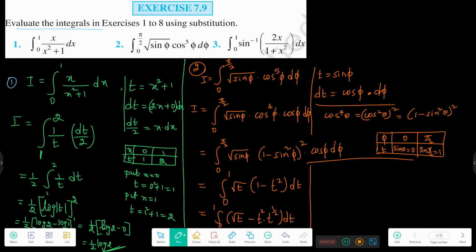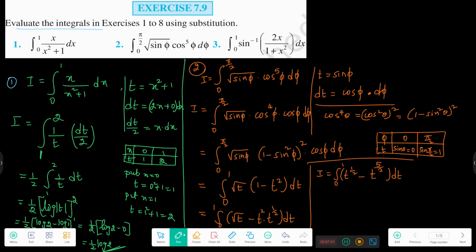And finally, we have I equal to integral 0 to 1. Separately you can apply t power 1 by 2 minus t power 2 plus half, 2 and a half. How can you write 2 and a half in rational form? 5 divided by 2, into dt.